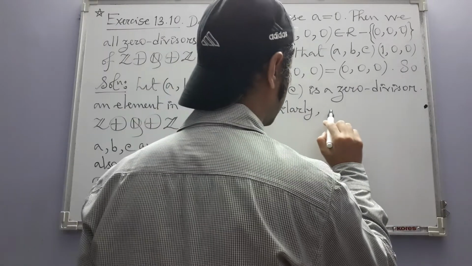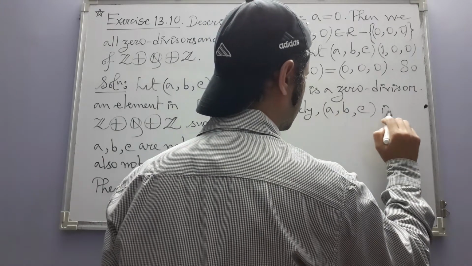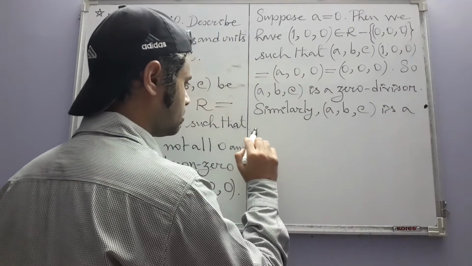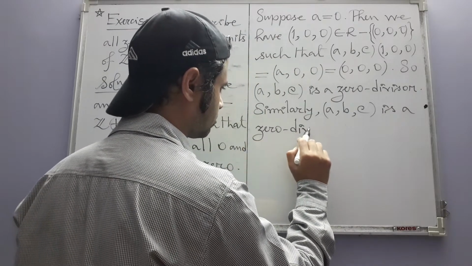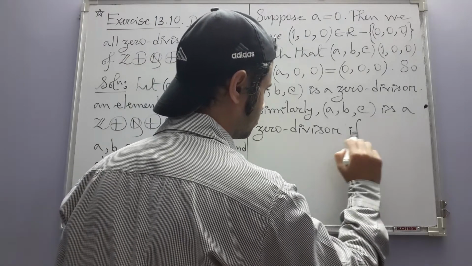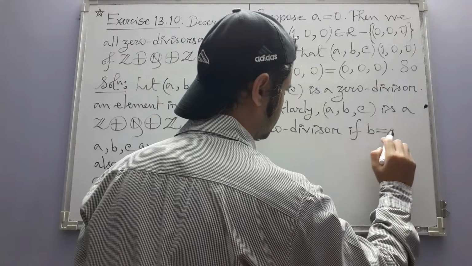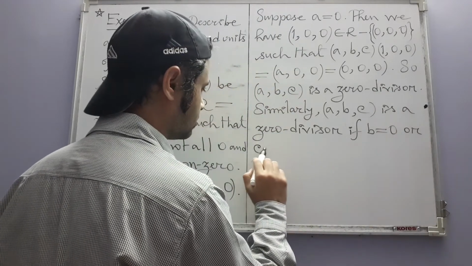Similarly, this is a zero divisor if b is equal to 0 or if c is equal to 0.